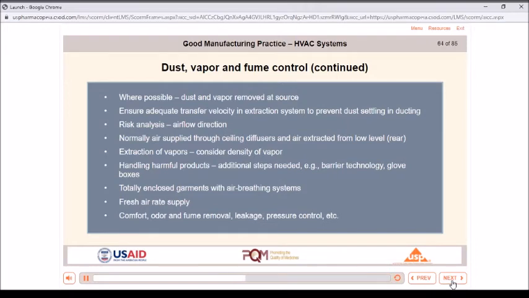Extraction of vapors: consider density of vapor. Handling harmful products: additional steps needed, e.g., barrier technology, glove boxes. Totally enclosed garments with air-breathing systems. Fresh air rate supply: comfort, odor, and fume removal, leakage, pressure control, etc.